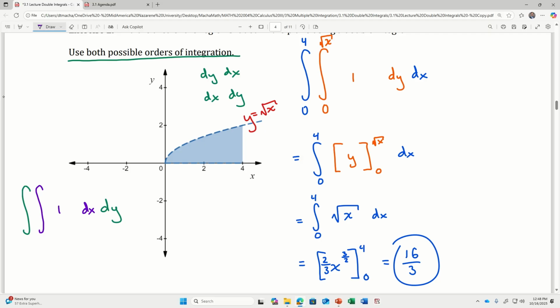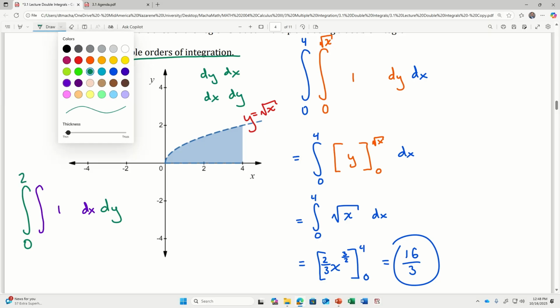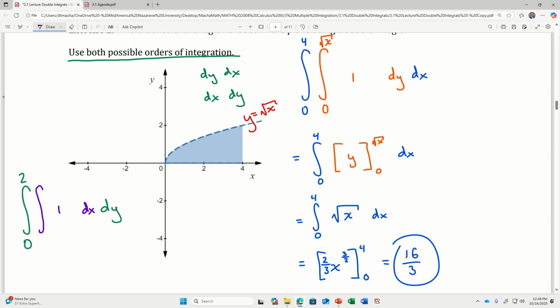What should I make my lower and upper bound of y now at this point? 0 to 2, very good. And what should be my upper bound of x? Let's do the upper bound first. What's the upper bound of x?